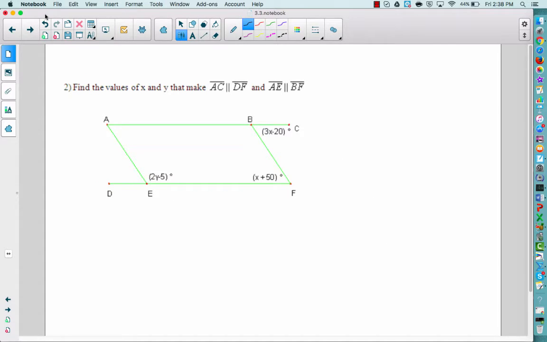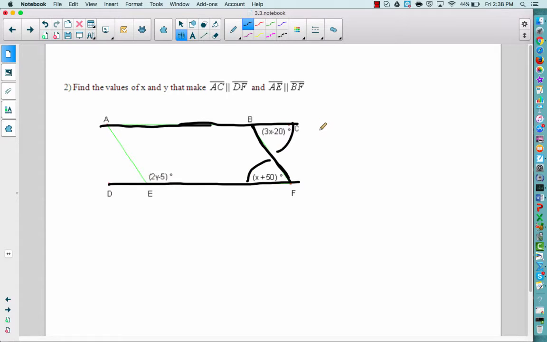All right, let's try another one. Find the values of x and y that make AC parallel to DF. I'm going to look at the x's first. If this is the transversal to those x's, and I can prove that these are equal to each other, then I can use the alternate interior angle theorem converse to say that AC is parallel to DF.